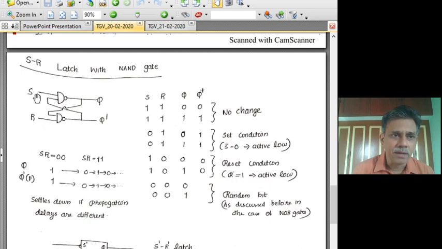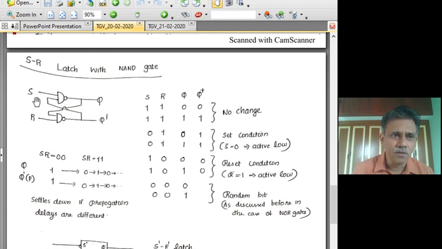And this 1 along with a 1 in S means 1 and 1 is 1 before the bubble and 0 after the bubble. So when Q is 0, Q plus will be 0.